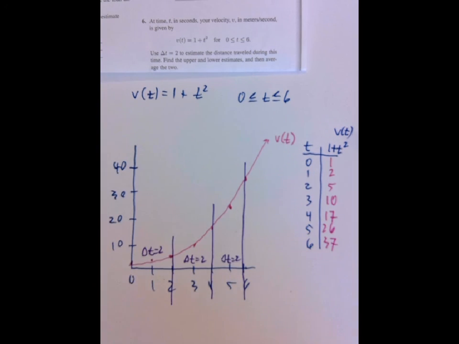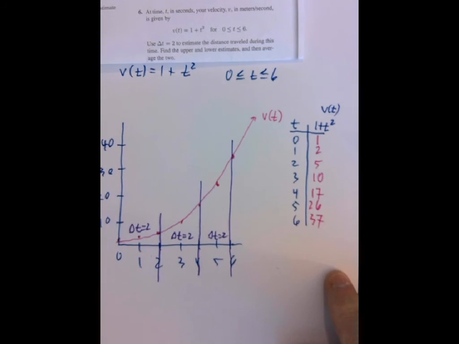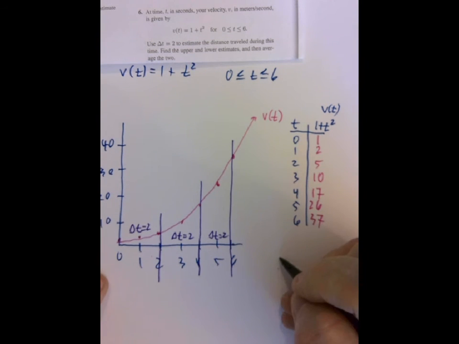Formally, if you're using the formulas that they mentioned, we would see here that we're still stretching from 0 up to 6. So we're still going to do 6 minus 0, right? But it tells us we want delta t is 2. So I'm going to divide by delta t this time.